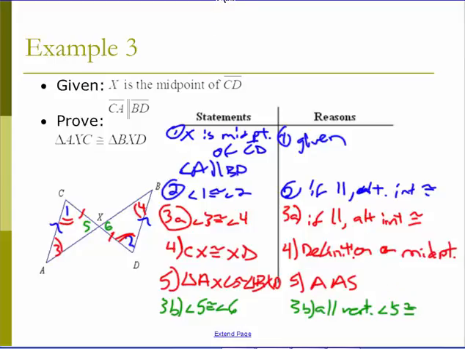Now let's take a look at this. Let's see how this changes it. We're going to mark this in purple. I have still angle 1 and angle 2. I still have this side, but now I have the angles here. So my new reason, reason 5B, would be angle side angle, because the side is now between angles 1 and 5 and 2 and 6. So there are 2 ways to do this, and there are some things to keep in mind there, just as long as you have 3 things and they're in the correct order.